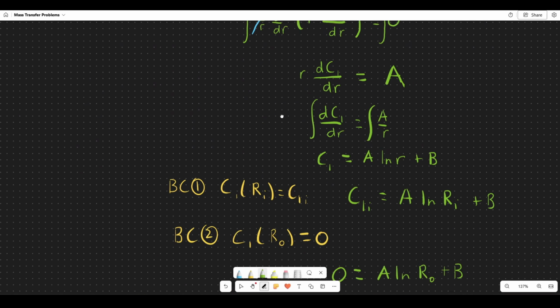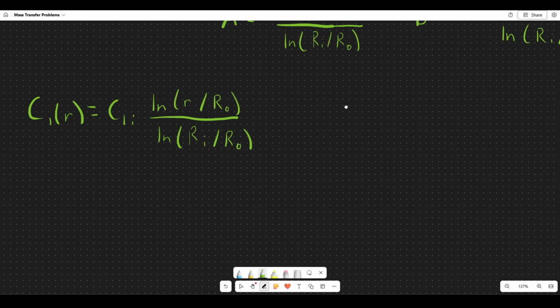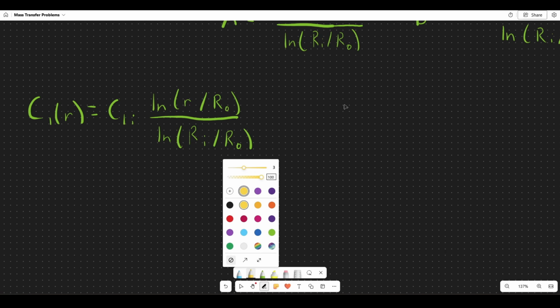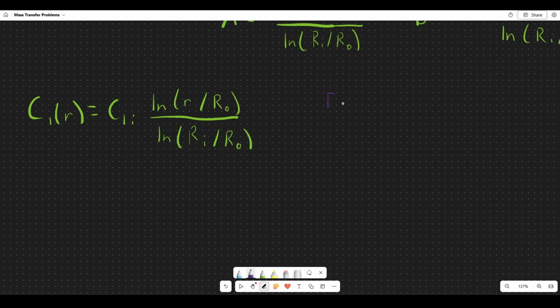We needed the flux. So how do we get flux from concentration profile? Well, you might remember that flux is defined as the mass per unit area per unit time, right?